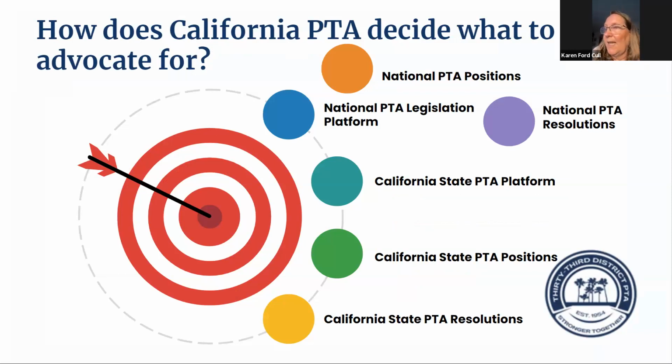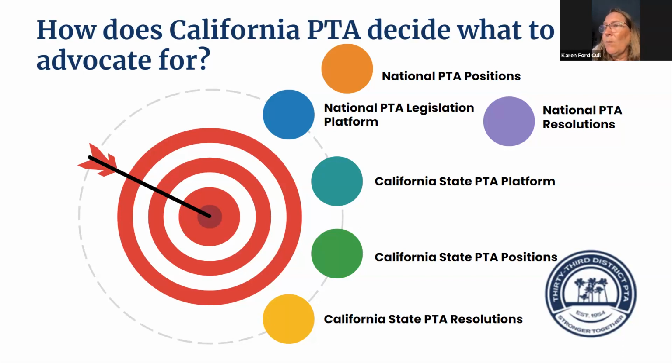Last year, we had some really great resolutions. We've got some more coming up this year from 33rd District, where members of 33rd District have proposed resolutions for this California State PTA to adopt. Those will be voted on at the California State PTA Convention in May.